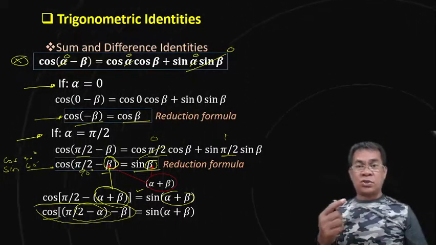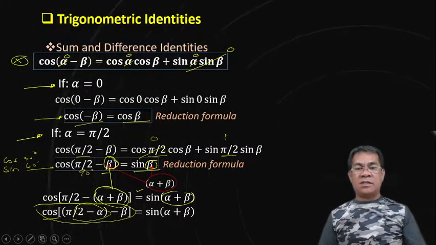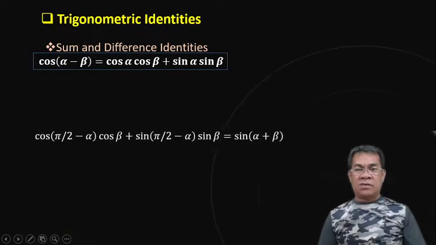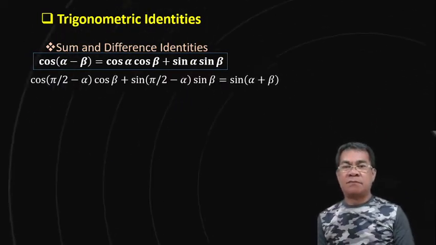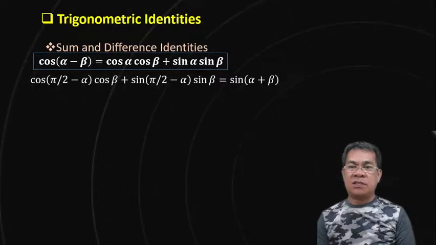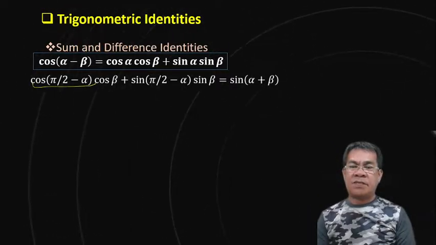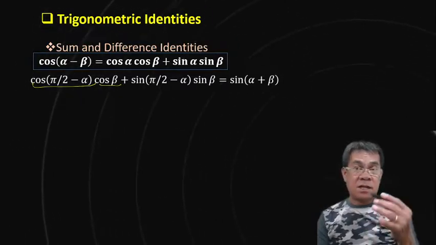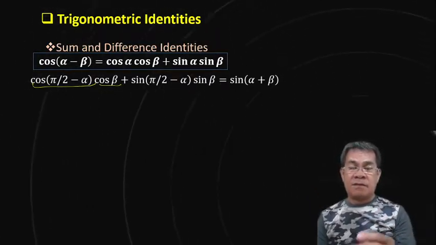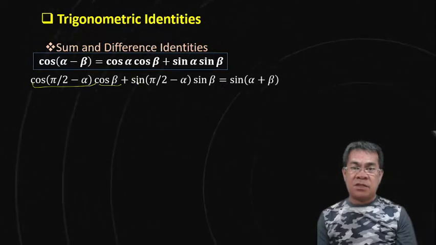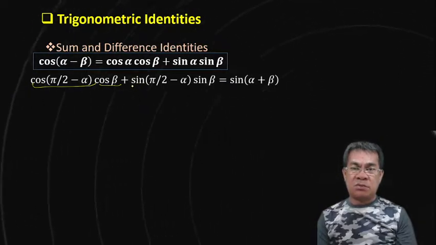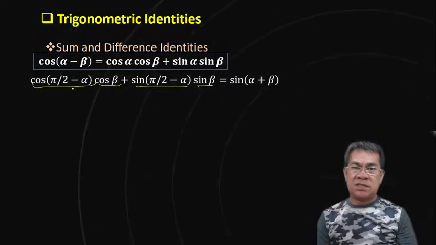That's it. Cos cos, sin sin. So the resulting equation now becomes this one. We have the cosine of the first angle times the cosine of the second angle, and the sine of the first angle times the sine of the second angle.